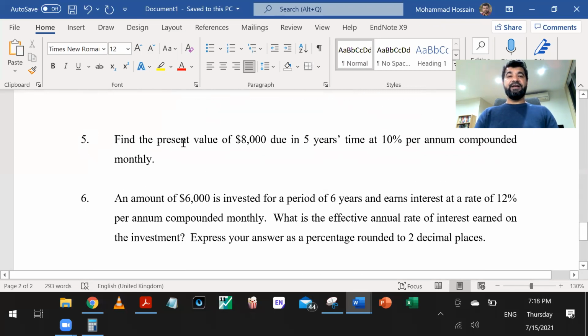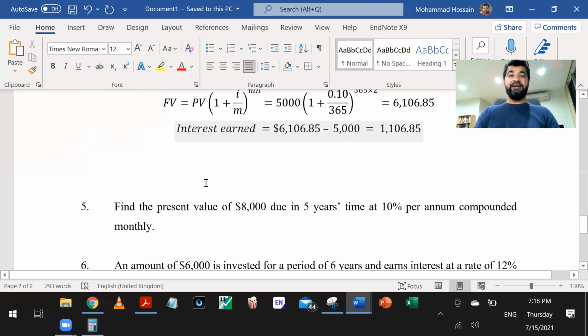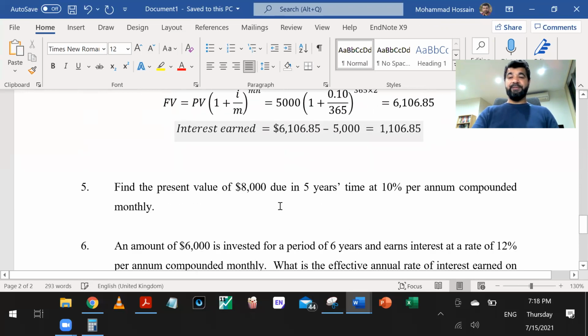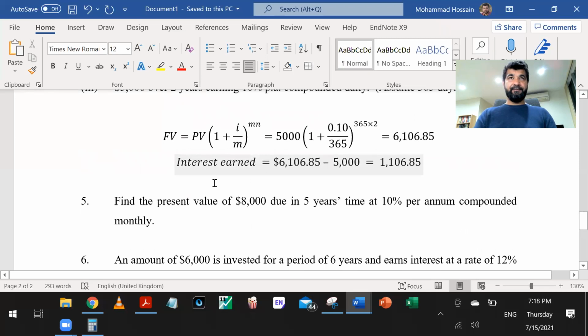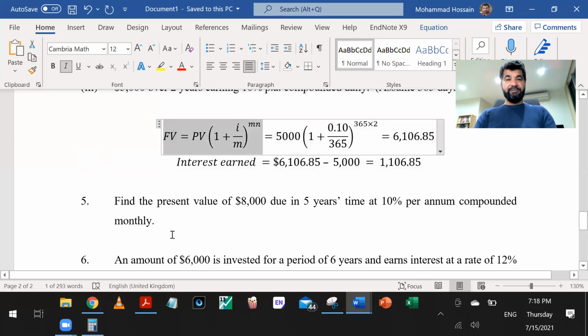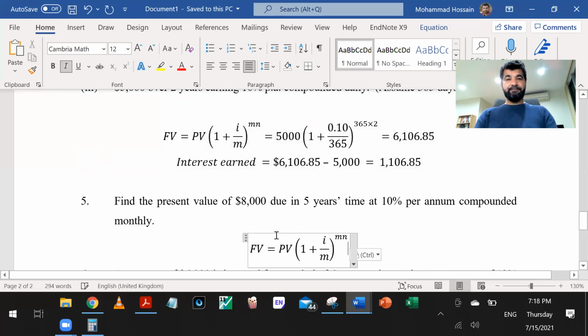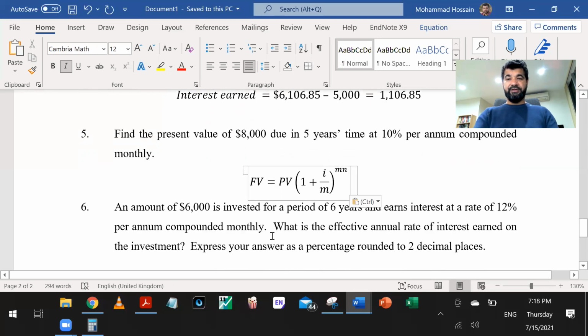Four. Find the present value of 8,000 due in 5 years. Now it's not future value, now it's present value. The present value formula is different from the future value formula. So now we don't do the future value, we do the present value.